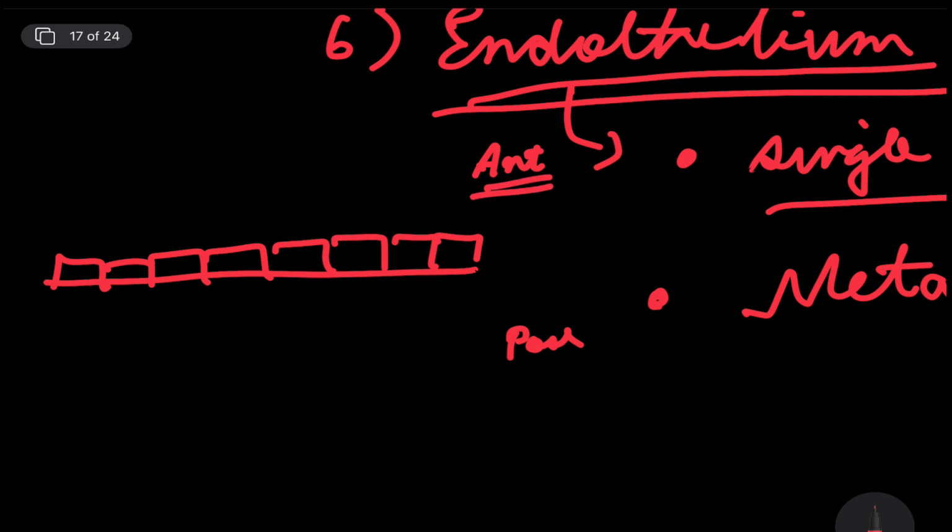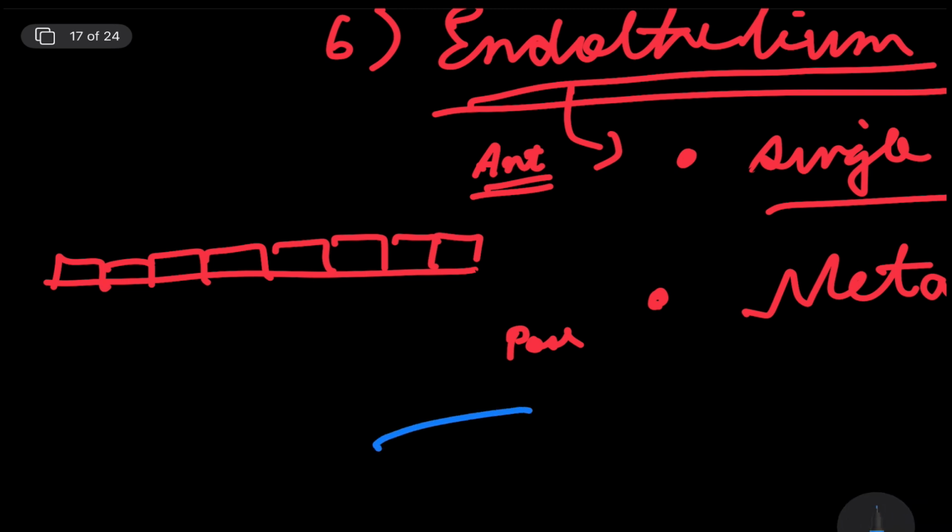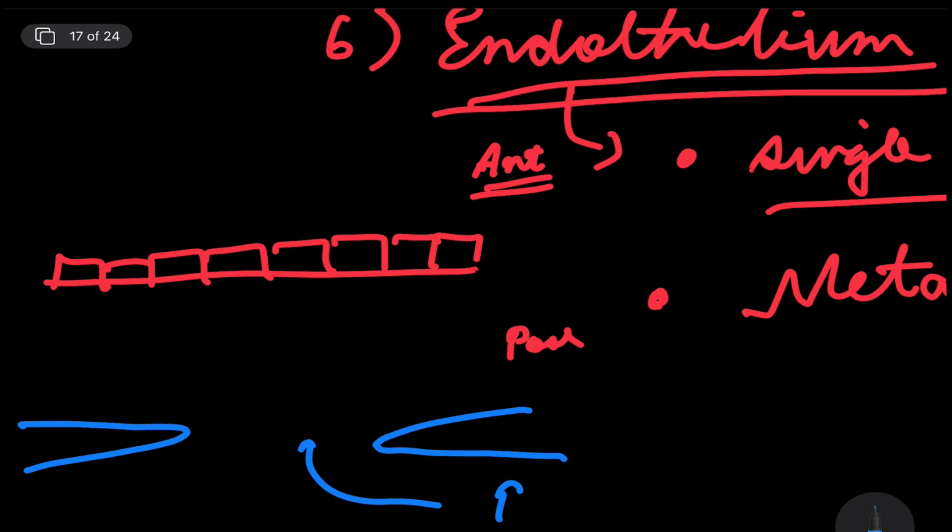But what do we have posteriorly? If you remember, let me just draw it. This over here is the iris. Over here in between the iris, this is something I forgot to mention in my previous video, the hole-like structure that we see in the eye is called the pupil.